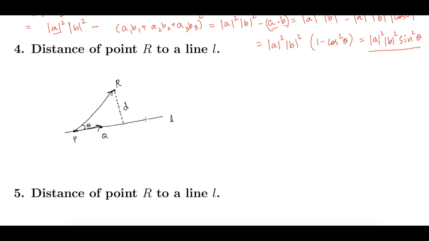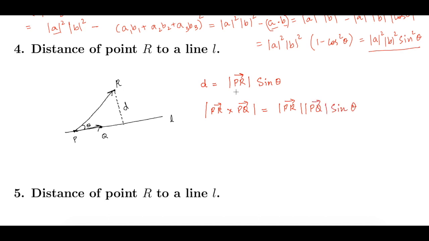So by basic trigonometry, what is D? D is equal to the magnitude of the vector PR times sine theta. Do you agree? This is correct, right? We also know that if we take the cross product PR cross PQ, we have just seen that this is equal to PR PQ sine theta.